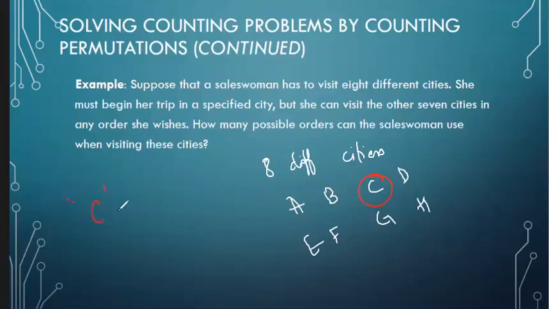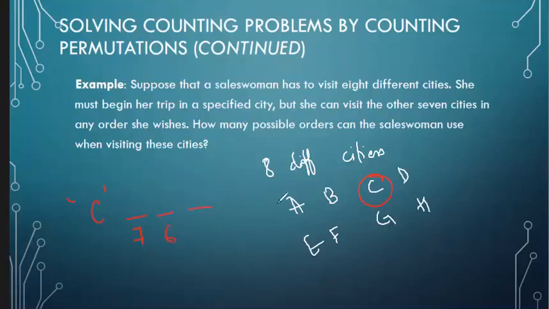Now after visiting city C, she has how many different choices? She has 7 different choices. So for visiting the next city after the first, which is specified already, she has 7 choices. Now in the 7 choices, she might have selected any one of them. For the next city, how many choices will she have? She has visited 2. Now she will have 6 choices for her third city.